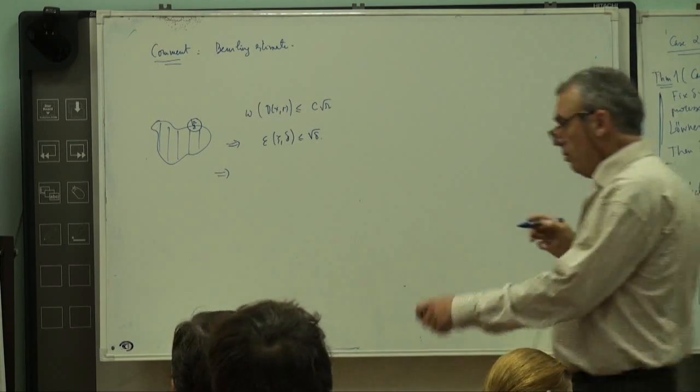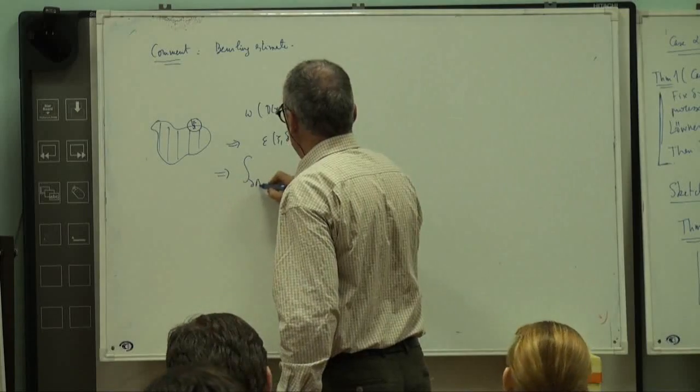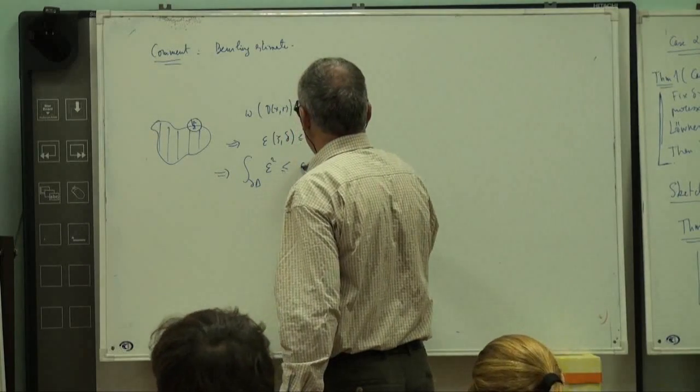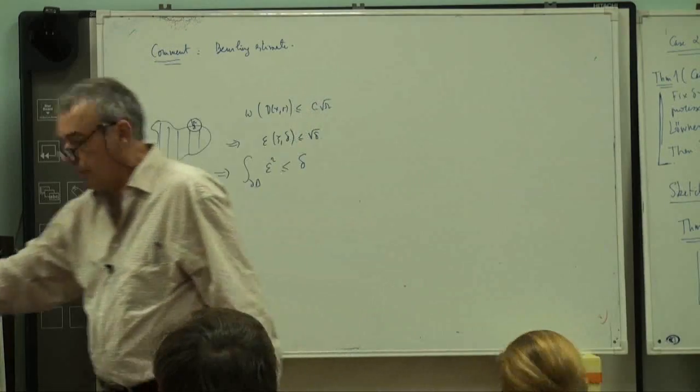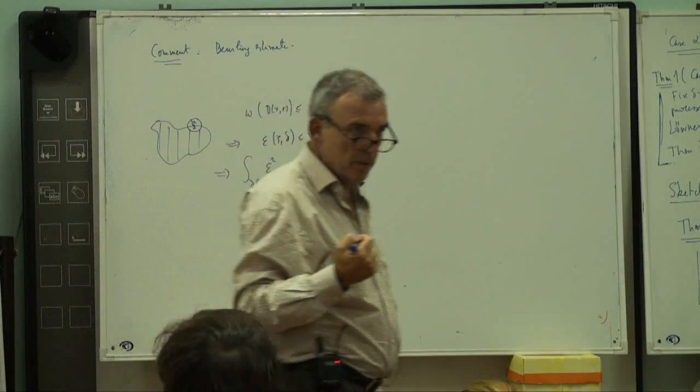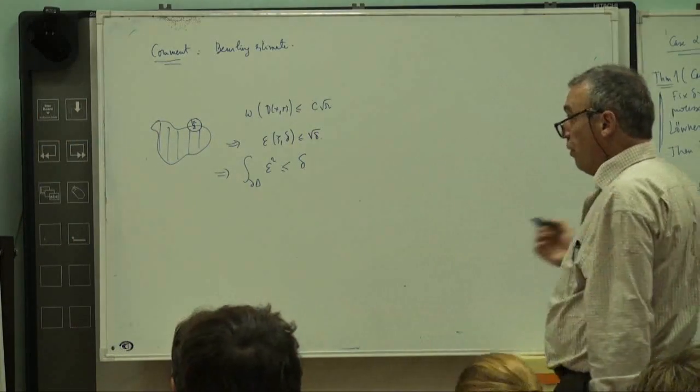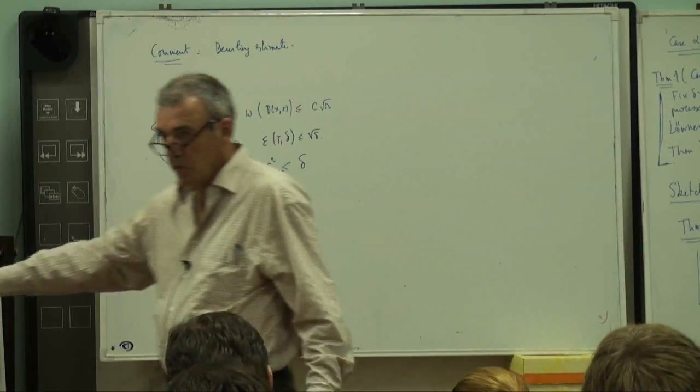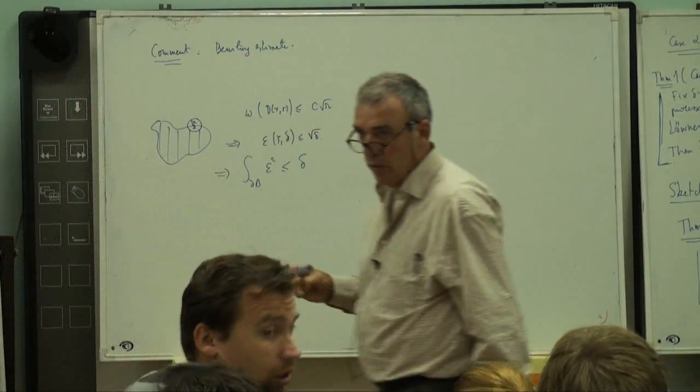And so this implies that the integral over delta d of epsilon squared is less than delta. So this is an improvement of the Beurling estimate, but this is also true for any domain.